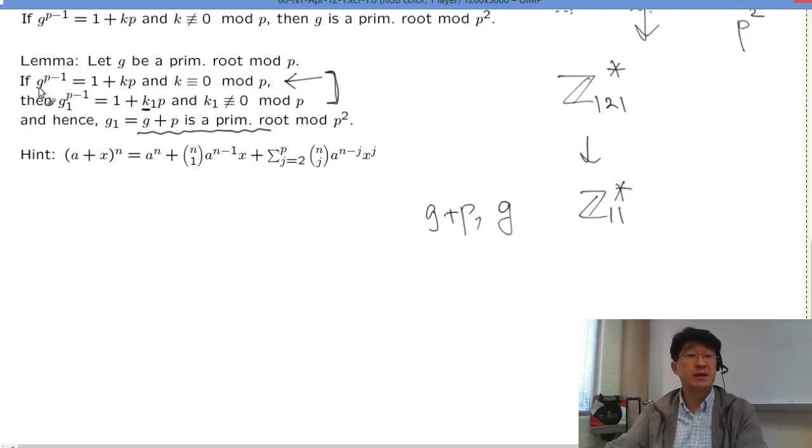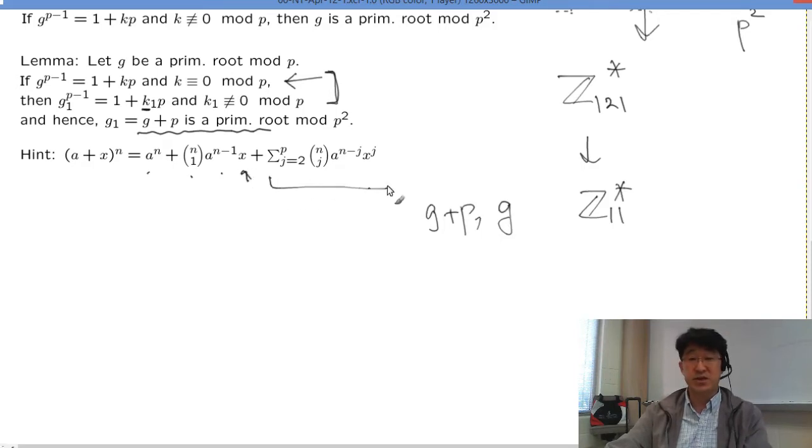But how about this one? If g to the p minus 1 is 1 plus kp, and if the case is 0 mod p, and we consider g plus p raised to p minus 1, it can be organized like this, right? If you have a plus x raised to nth power, it's the binomial theorem: a to the n, n choose 1, a to the n minus 1, one lower power, x shows up, and everything else has that shape.